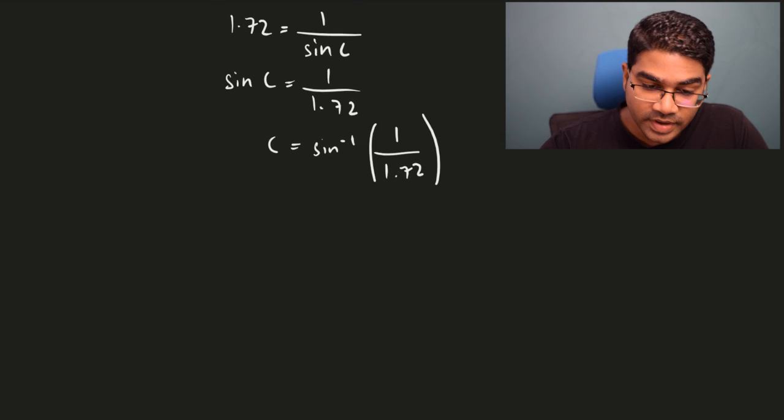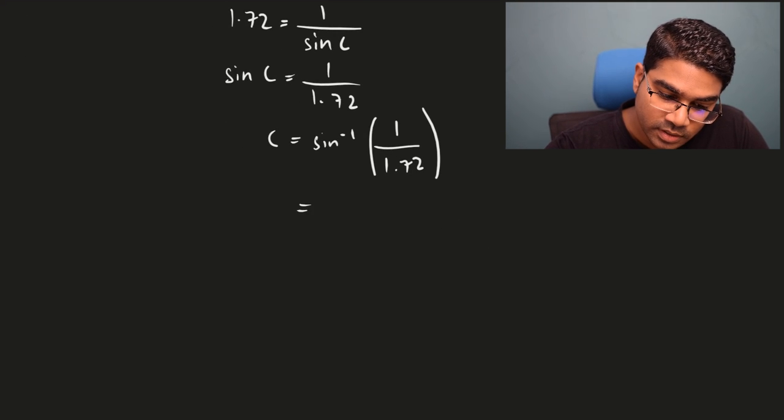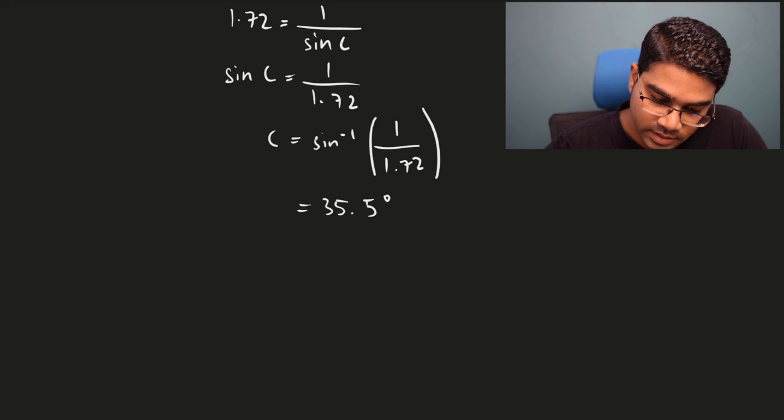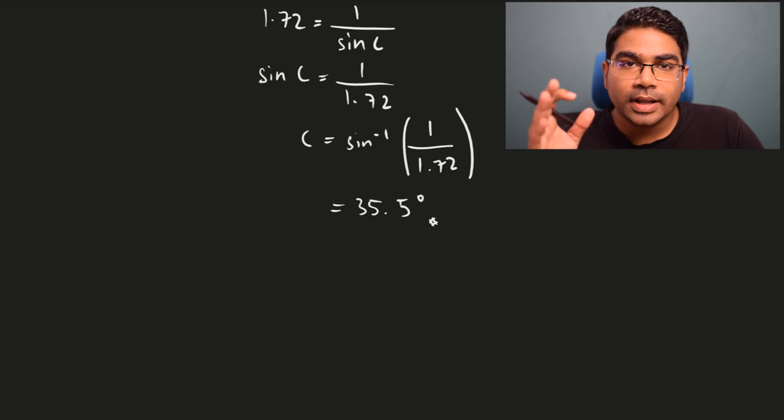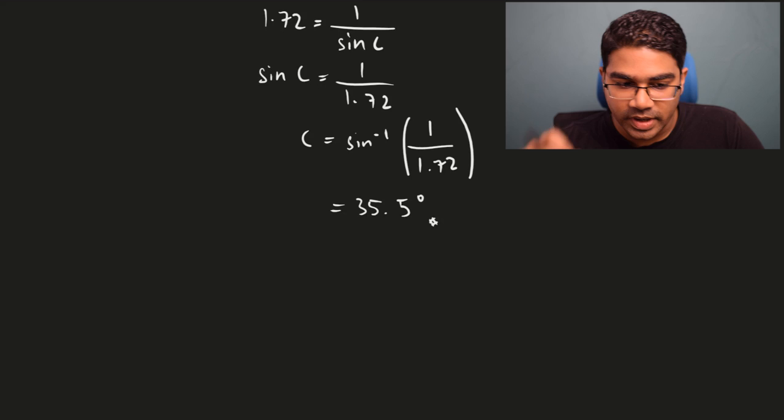This gives us a value of 35.5 degrees. So the critical angle for the glass prism is 35.5 degrees.